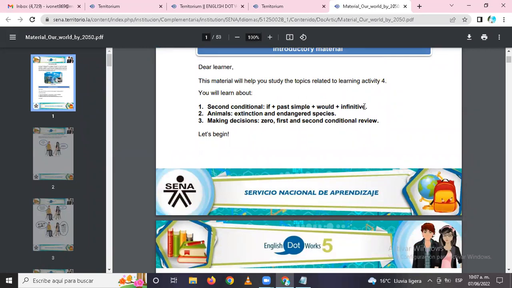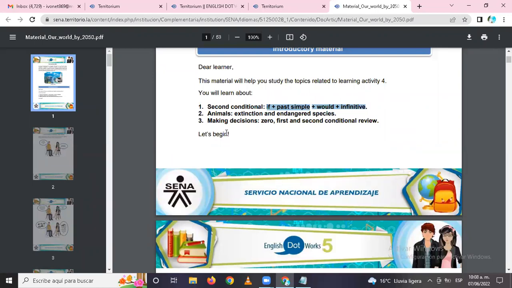That's the form. This is the way we form second conditional: the if clause with past simple and the other clause with would. There is also some vocabulary related to animals, extinction, and endangered species.